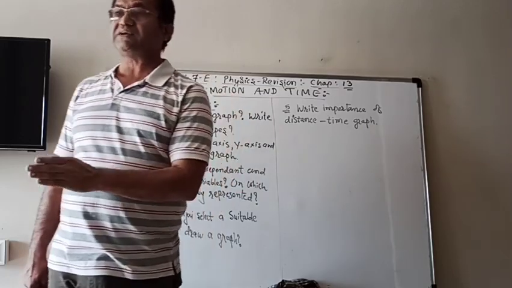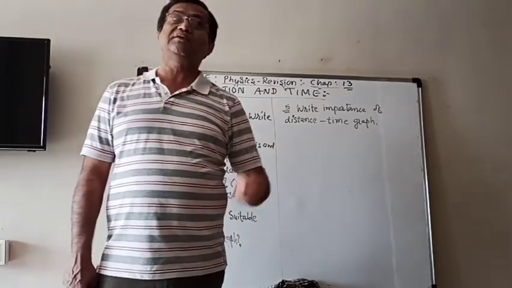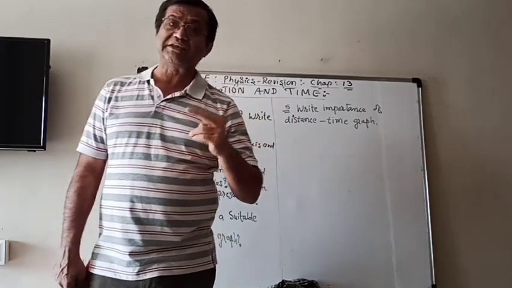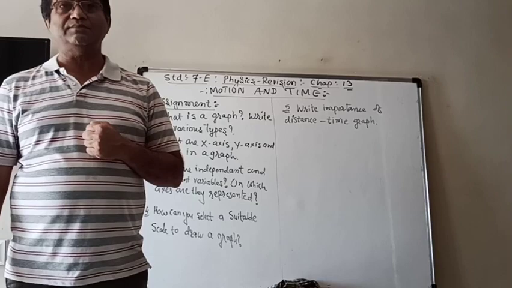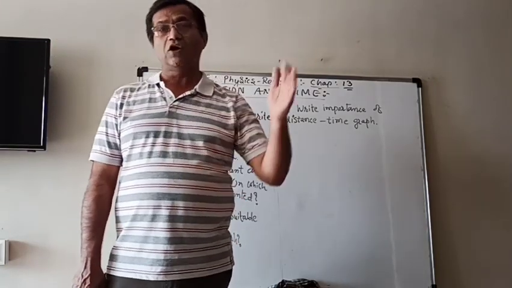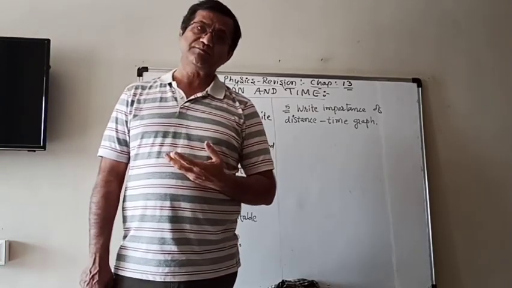So at a particular time in between also, you can find out where the vehicle is. Similarly, it can give you the information whether it is accelerated motion, decelerated motion, uniform motion or non-uniform motion, etc.